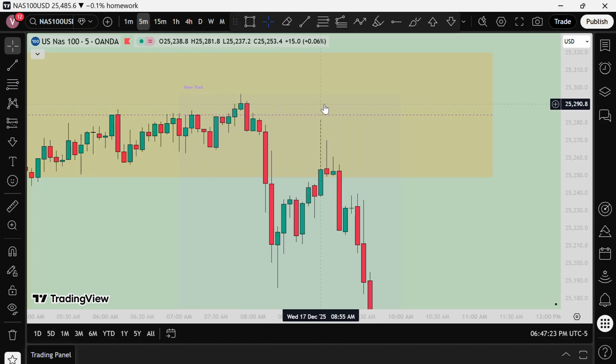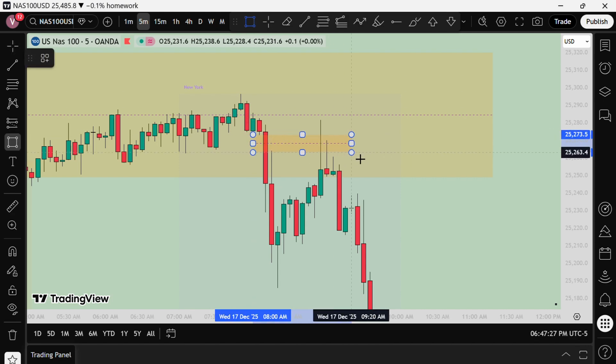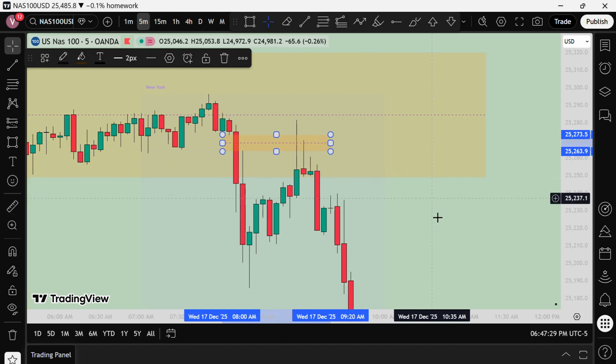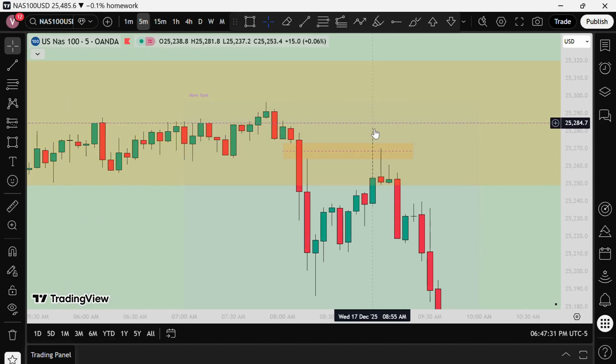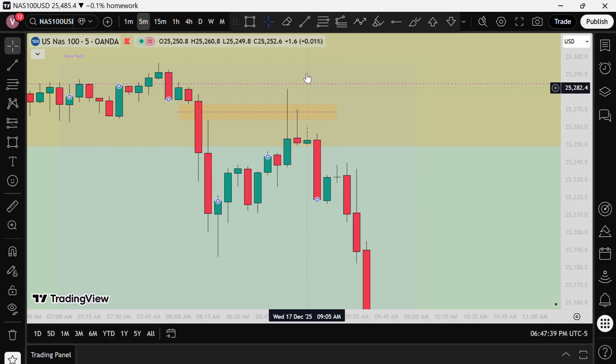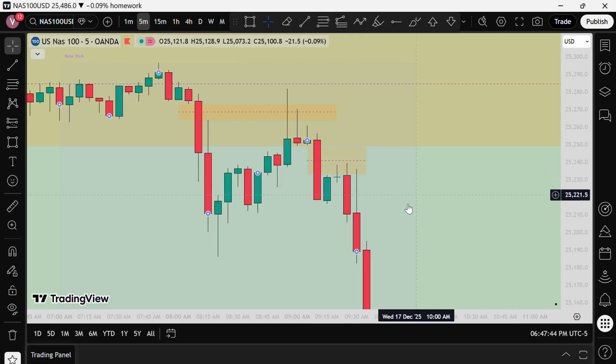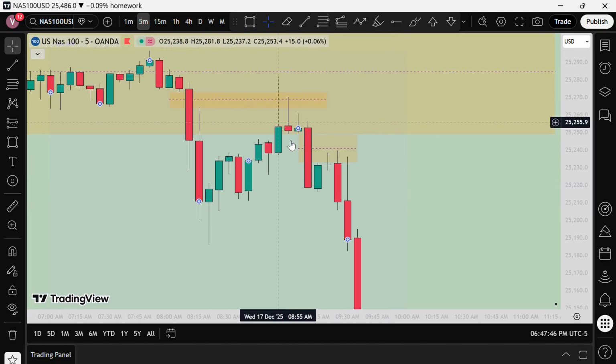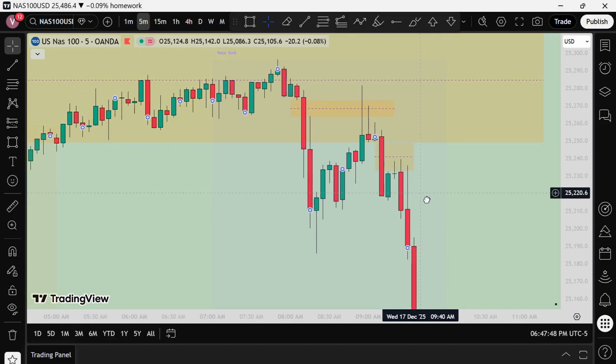This candle was 8:55. This could have been your entry. First candle pierces its way through that fair value gap. The next takes the support from its consequent encroachment. Later, we also have this another fair value gap coming up, and we have these two possible entries.